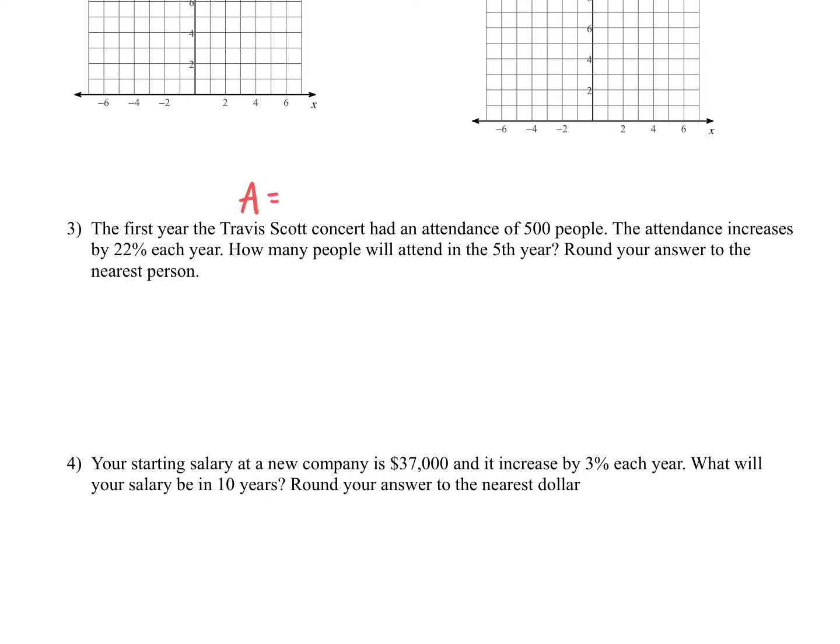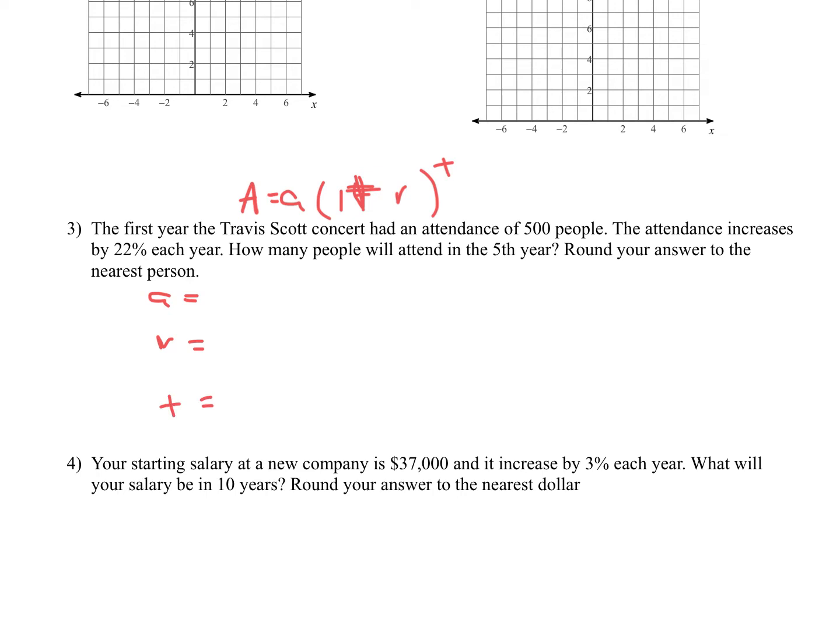A is equal to our principal or our starting amount, so that would be little a, times 1 plus our rate to the power of t. So we need to find our starting amount, our rate, and our time.